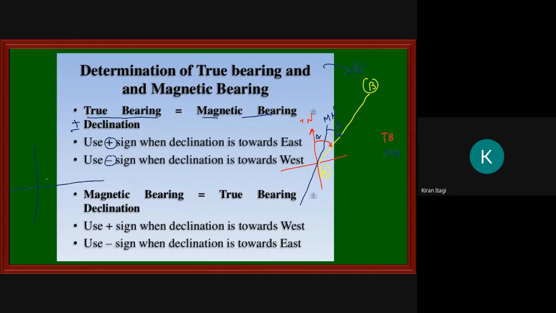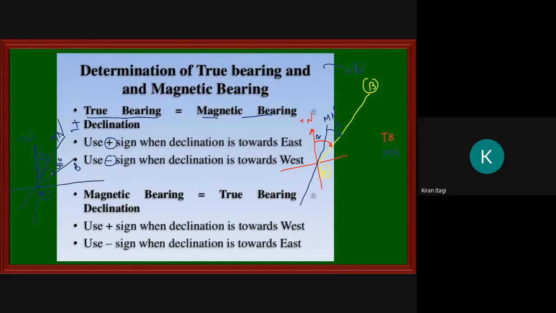If I draw the quadrant here, this is my magnetic north, and this is my bearing line. You have taken the angle, say 30 degree, but I need it with respect to true north. How much are you missing?